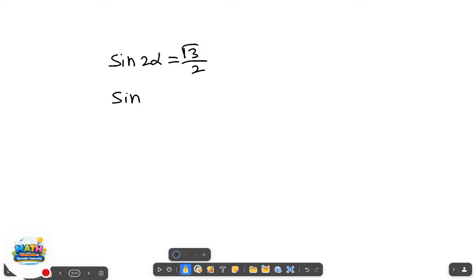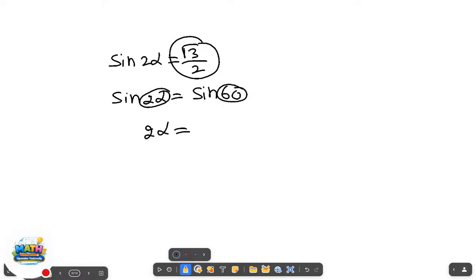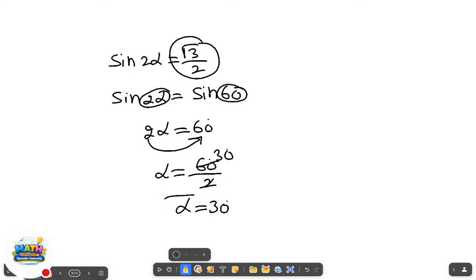Sine 2 alpha, root 3 by 2 value, is sine 60 degrees. So 2 alpha is equal to 60. Send 2 to the right side. Alpha is equal to 60 by 2, 2 thirties are 60. So alpha is equal to 30.